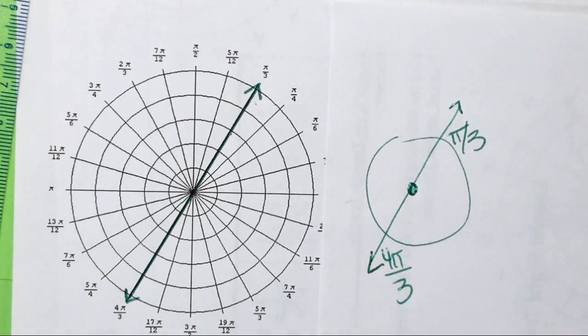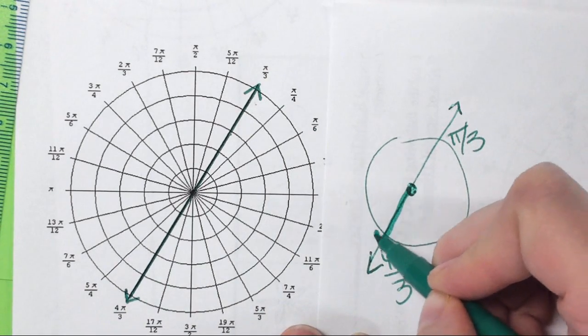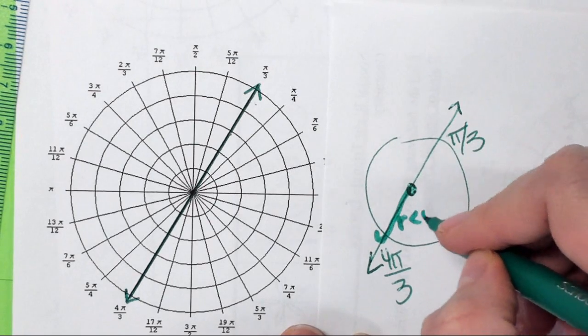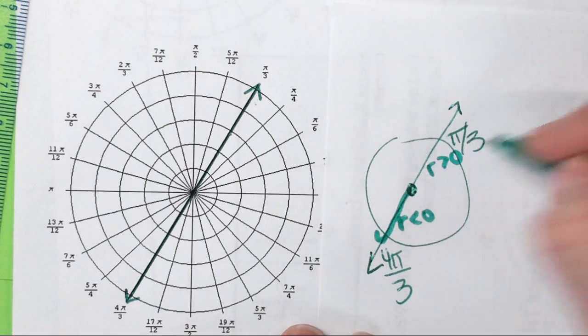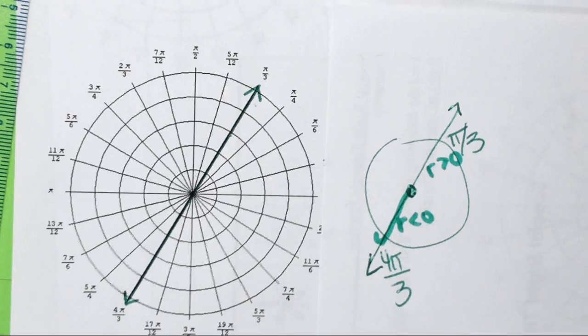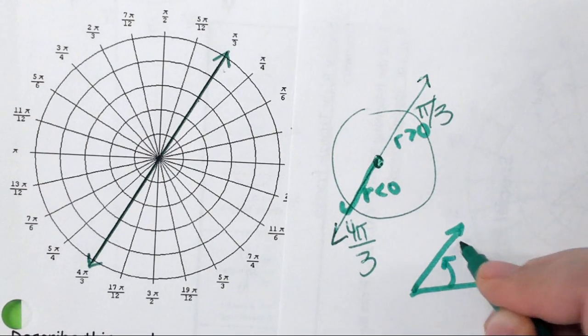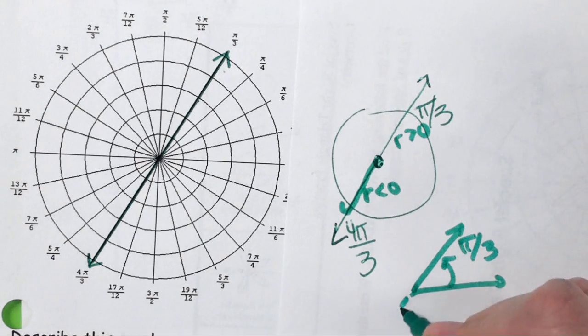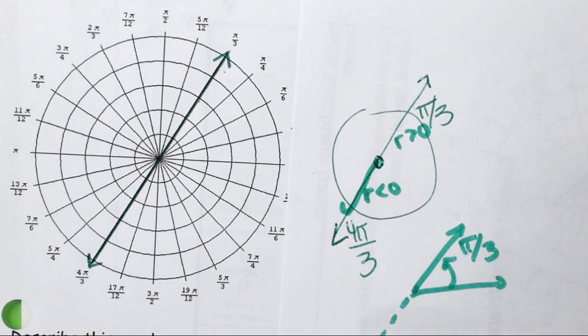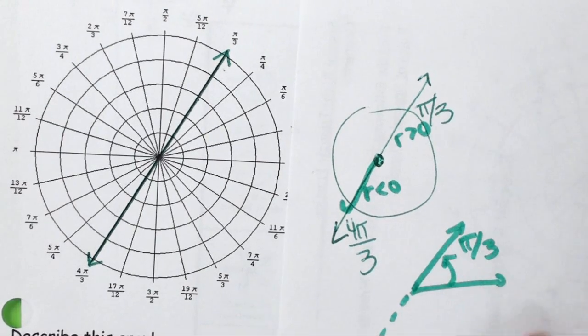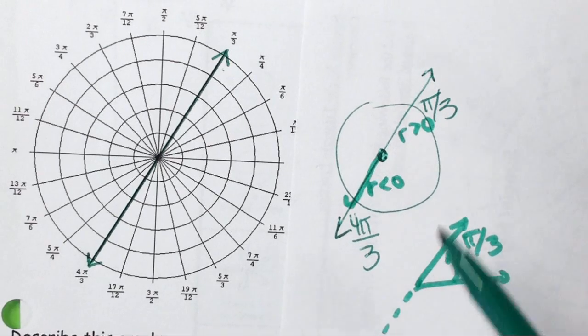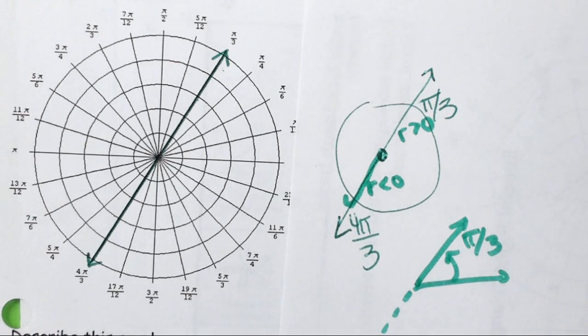Yeah, so this is still pi over 3. This is just where your R value is less than 0. This is where your R value is positive. Okay, so just like we were talking about yesterday, this could be pi over 3 here, but it's still going to extend 180 degrees to account for those negative R values.